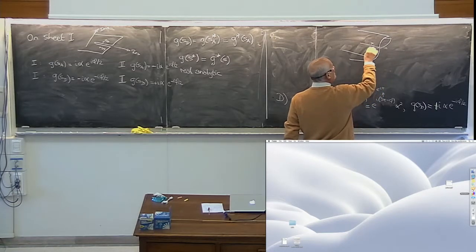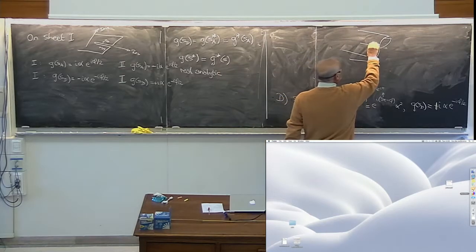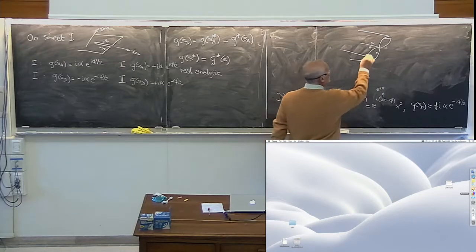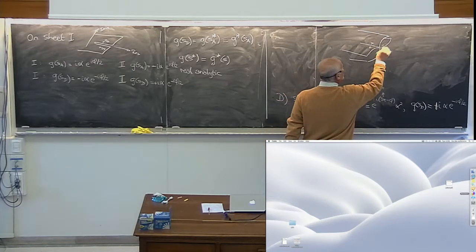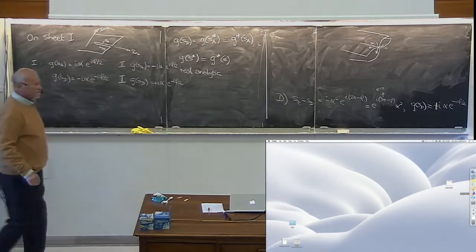You have to go round the cut to get to it. But this point is connected to that point, and this one is connected to that point. So those two are connected, these two are connected, but those across the cut aren't connected.